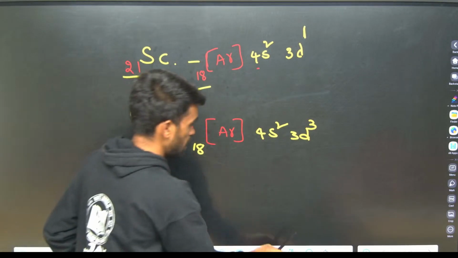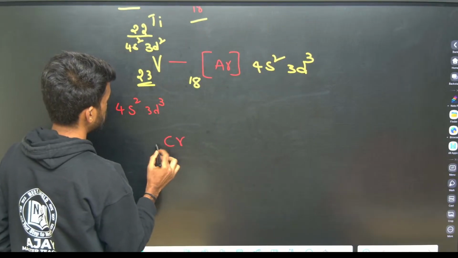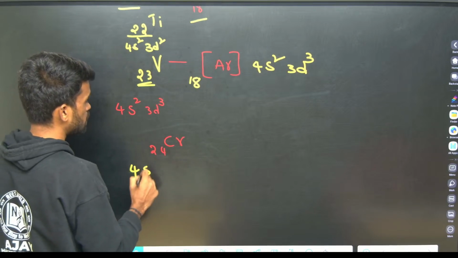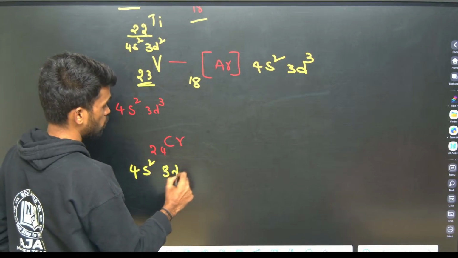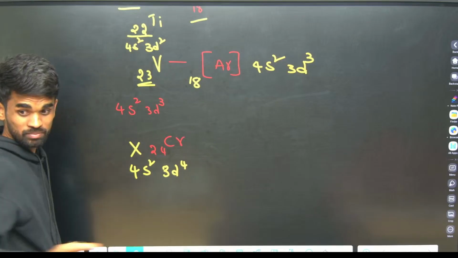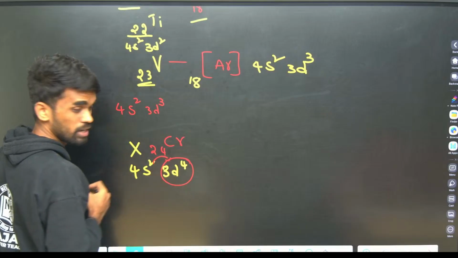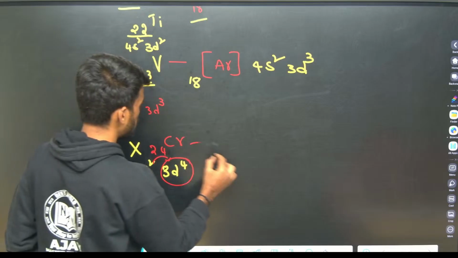Okay. If I want to write for chromium, then chromium is 24. If you follow this trick, 3d4. This is wrong. Okay, why is it wrong? Tell me. Because if I move one electron from here to here, it gets a half-filled electronic configuration. That's why it becomes what?